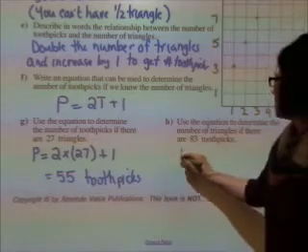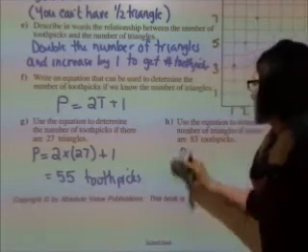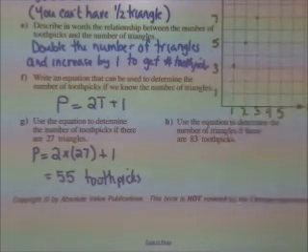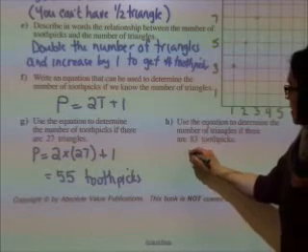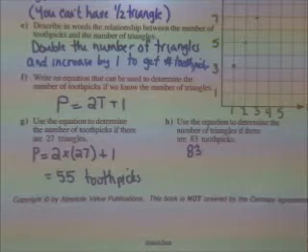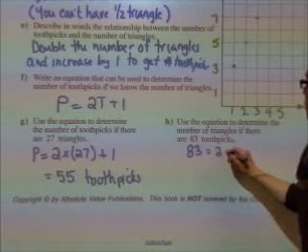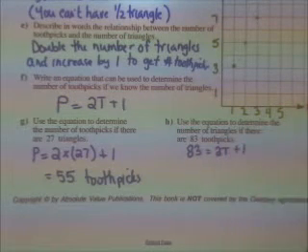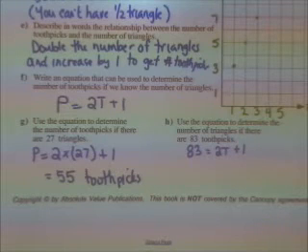Use the equation to figure out how many triangles I would have if I have 83 toothpicks. So 83 is what I sub in or substitute in for P, and I'm solving for T. So we kind of review our solving equations.